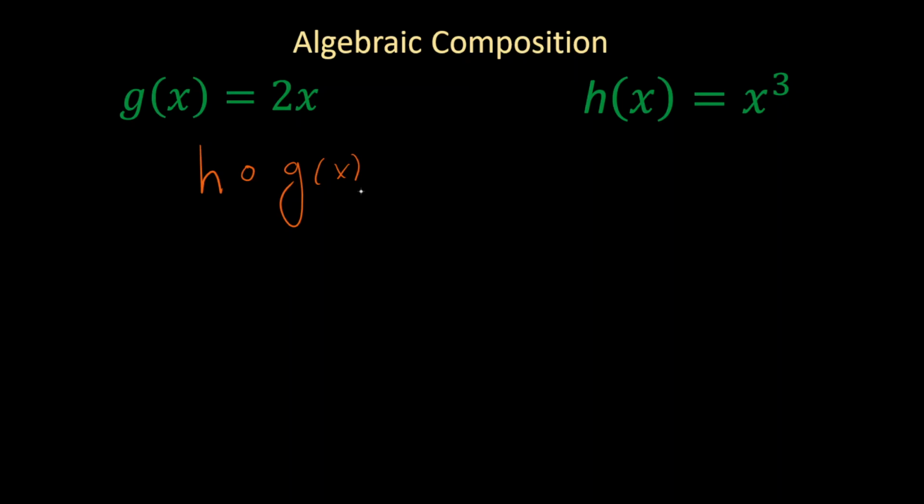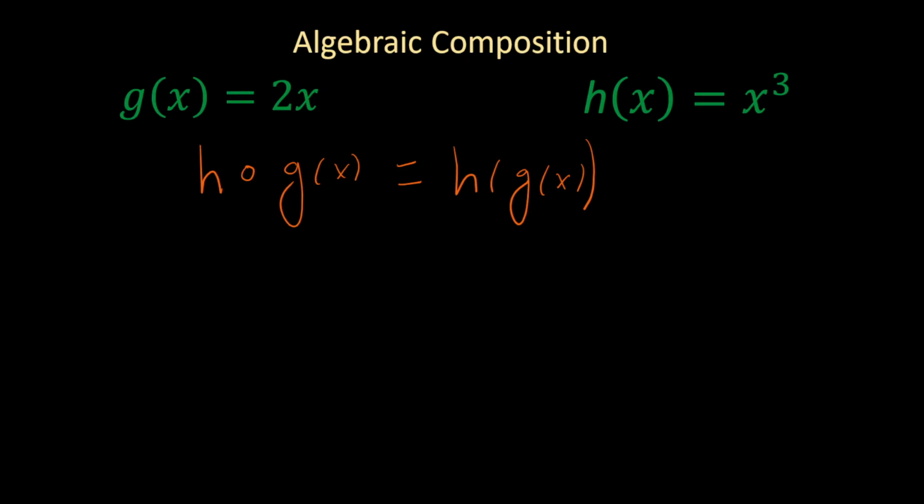Once again, let's remember that this means that you take the outputs of g of x and put them in for the x's in the h function. So that means that in the h of x function, we replace every x with 2x. So now let's write out our notation. So h of g of x.